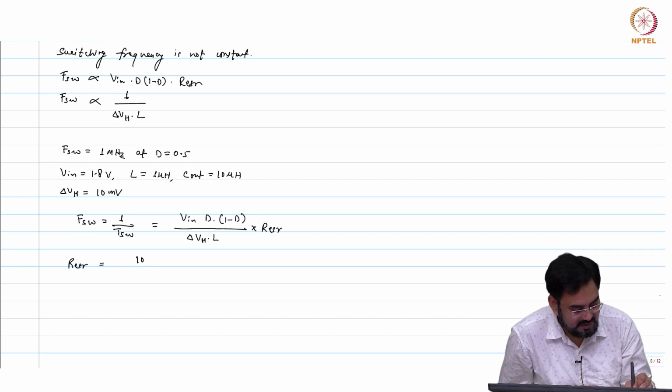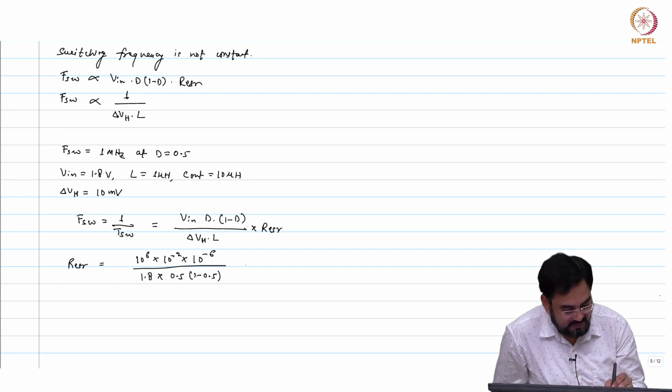That will go 10 power 6 multiplied by, this was 10 milli, yeah, I think it is 10 power minus 3, 10 power minus 2, into L is 10, okay, divided by 1.8 into 0.5 into (1 minus 0.5).